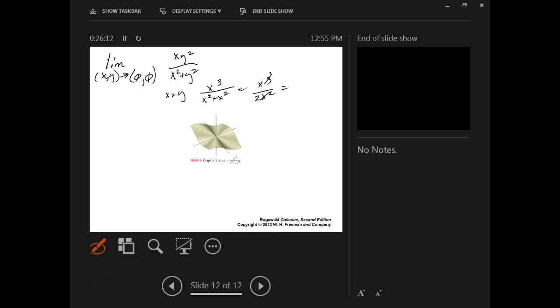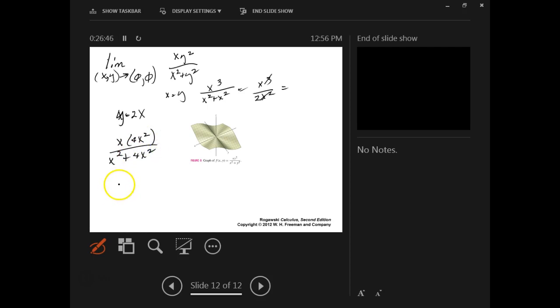Well, let's say x equals 2y. Or why not y equals 2x? That might be a little easier. It doesn't matter. At y equal to 2x, this would be x times 4x squared, because 2x squared would be 4x squared, over x squared plus y squared, which would be 4x squared plus x squared.